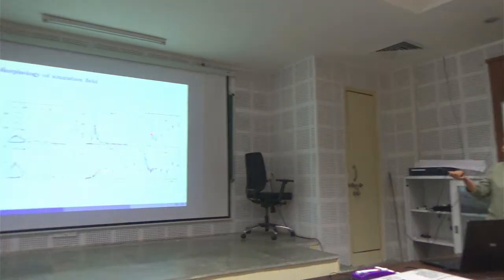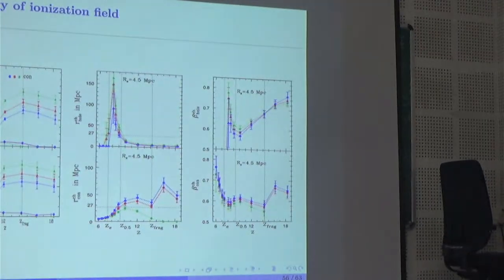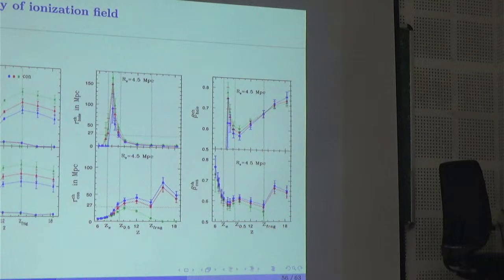So that is what you are seeing here. When there are lots of mergers and lots of bubbles shaped in a very random way, with lots of perimeter, then it becomes circular. So the morphology is very nicely picked up by this.